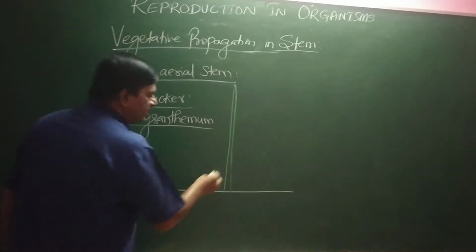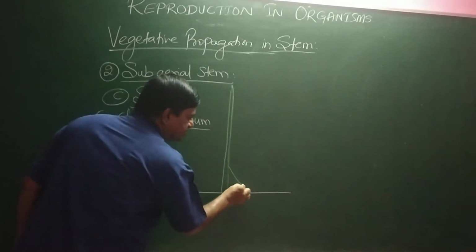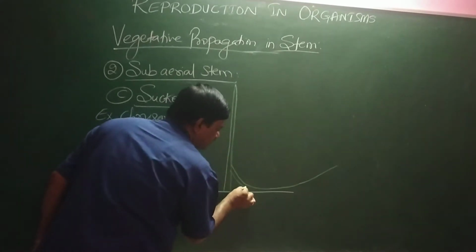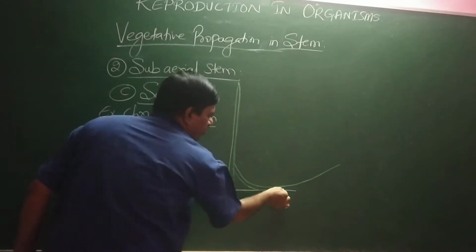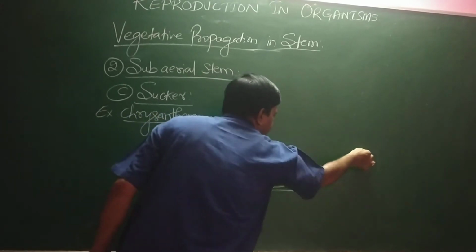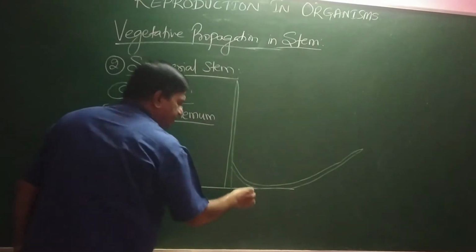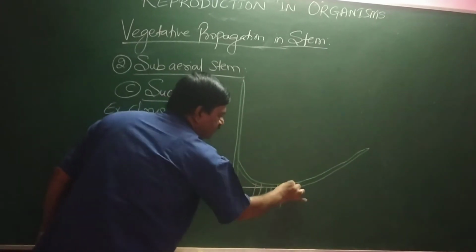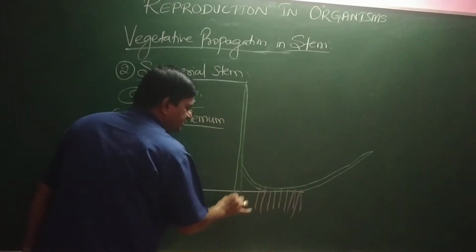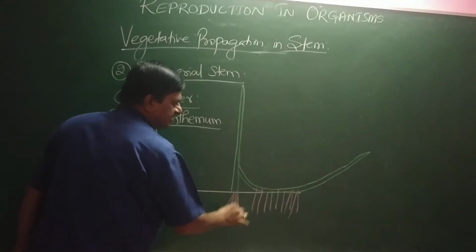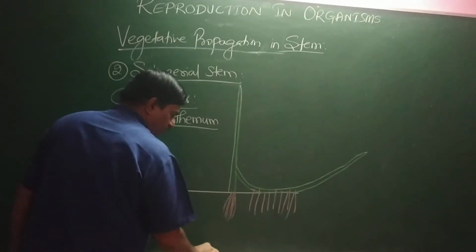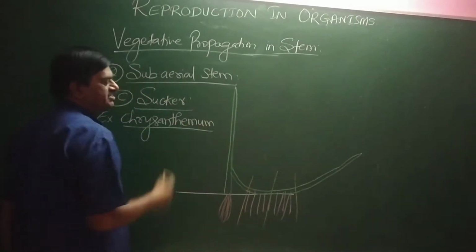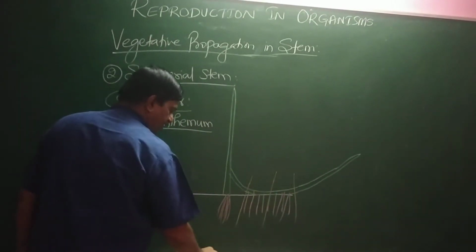The lower nodal region, the first nodal region, is horizontal to the ground level, and here there is a formation of roots. When the stem touches the ground, roots are present, and when this stem is cut into pieces, each piece gives rise to a new plant body.